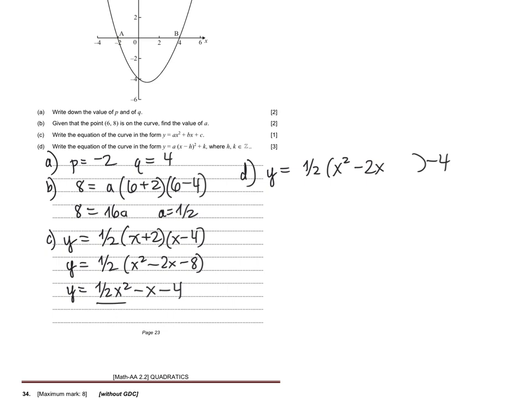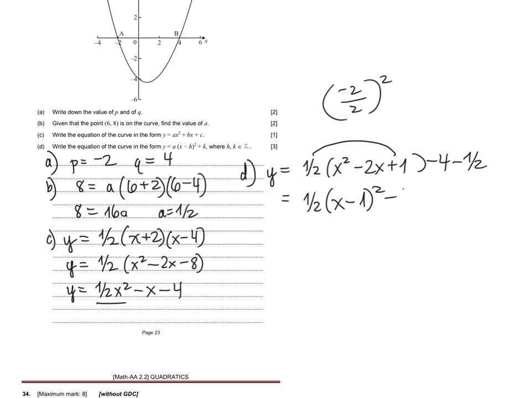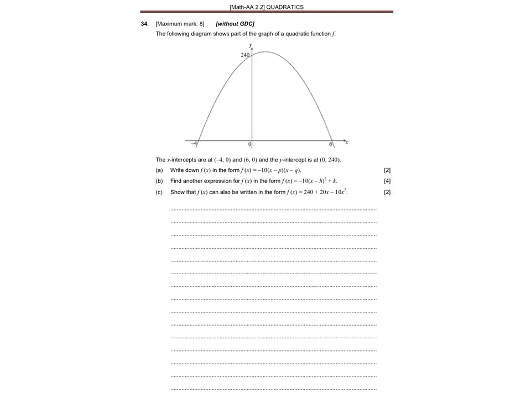So that's 1/2 x squared, and that's negative 1x. Now we take half the middle term, squared, which is negative 1 squared, 1. Then this factors to x minus 1 squared. Oops, I didn't just add 1, I added 1/2, so I have to subtract 1/2. So that's going to be negative 4.5, negative 9/2.